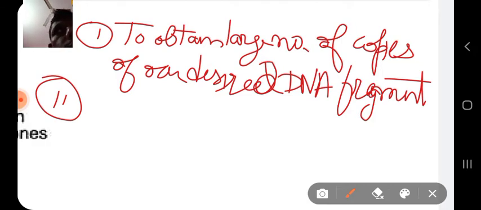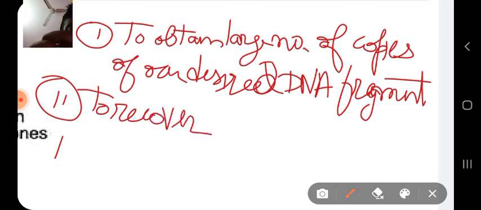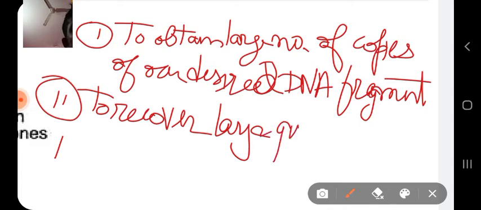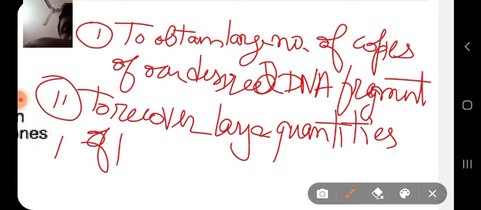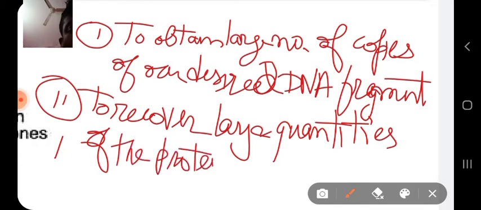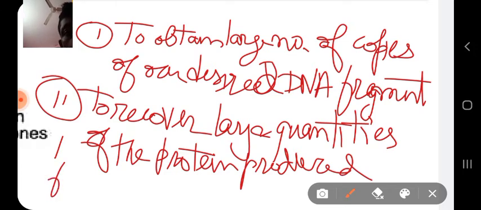So our second important reason for making this recombinant DNA molecule is to recover large quantities of our desired protein, which is produced from our desired gene.